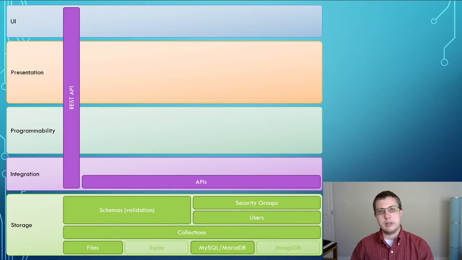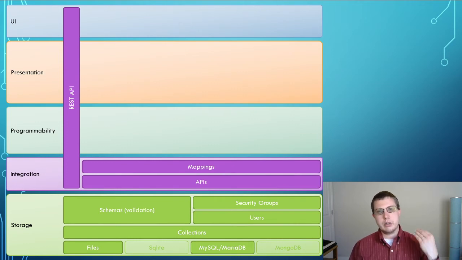And so we have a functionality that we call APIs, which is basically a way to describe the endpoint that it would talk to, complete with authentication, information, headers, anything that would go into the actual HTTP request is defined in this API, and then you can use it actually in the programmability layer, but we consider this part of the integration layer because it's one of the core pieces of that functionality.